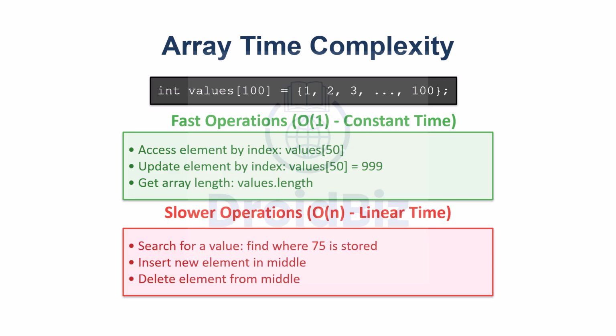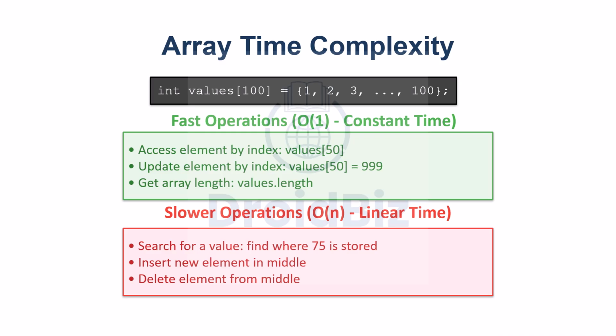However, some operations are much slower. These are called linear time operations, or big O of n operations, where n is the number of elements in the array. Searching for a value is slower because we might need to check every single element until we find what we are looking for. For example, finding where the value 75 is stored might require looking through the entire array.